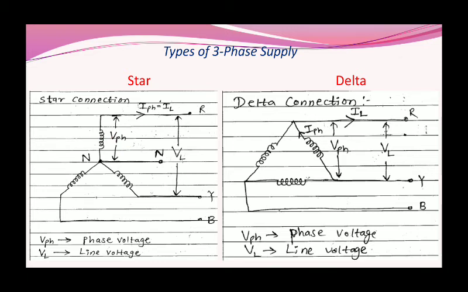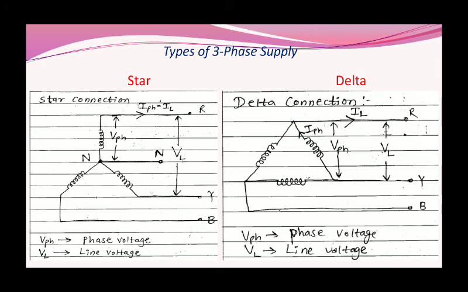And the second is the delta connection. Here also there are three live wires, an R live wire, a Y live wire and a B live wire. But the difference is that now it is like a triangle. A symbol like a triangle in engineering symbols, we call a delta.